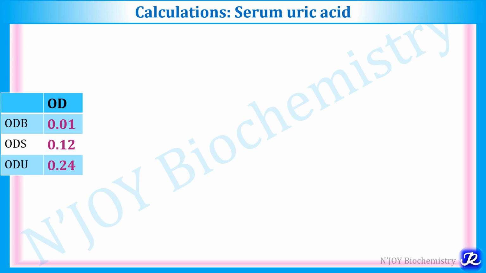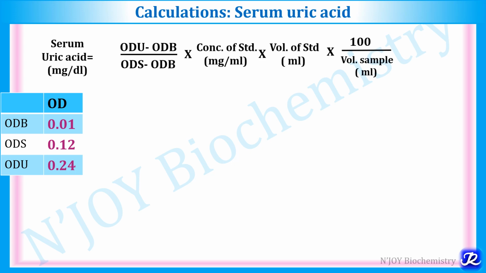Now we will write the formula. The concentration of uric acid in the serum in milligram per deciliter is equal to OD of unknown minus OD of blank divided by OD of standard minus OD of blank, multiplied by concentration of standard in milligram per ml, multiplied by volume of standard in ml, and that is multiplied by 100 divided by volume of sample. Everything here is in ml.